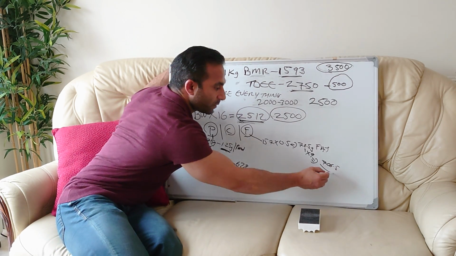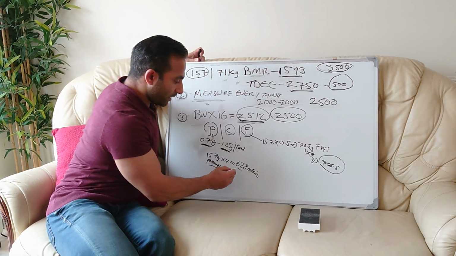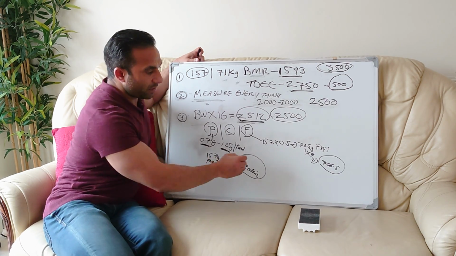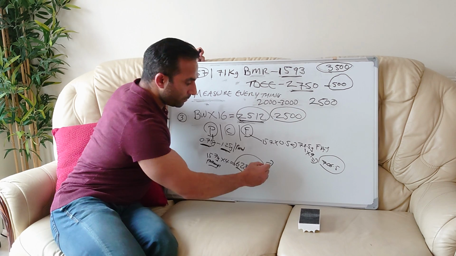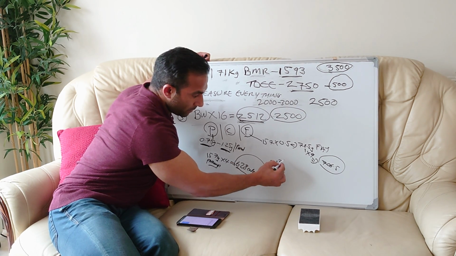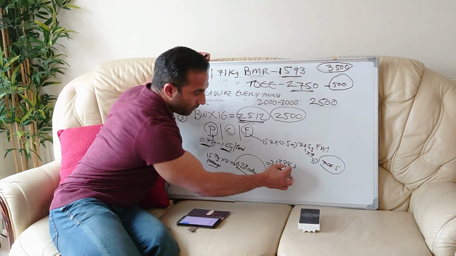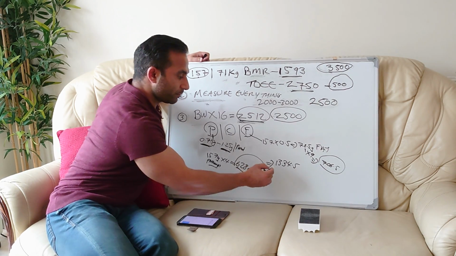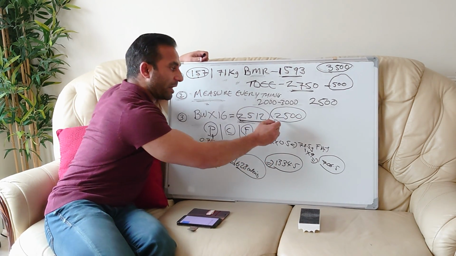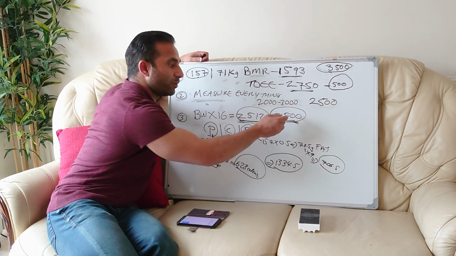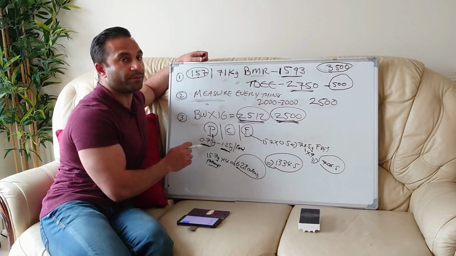Okay, so we've got our calories from fat, we've got our calories from protein. We're going to add those two up, which is going to equal 1334.5 calories. Okay, now the remainder of the calories, which is 2,500, we can get from carbs.